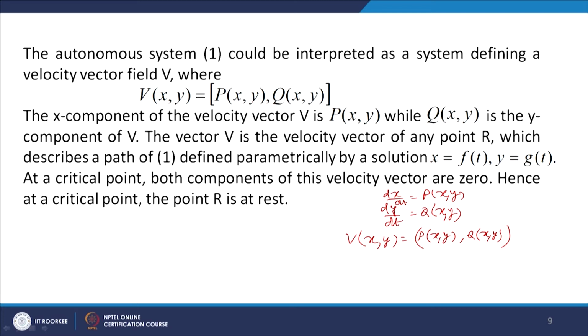V describes the velocity vector of the point R, and the x component and y component, P and Q, are both 0 at a critical point, so the velocity vector at the critical point is 0. So the critical point is at rest.